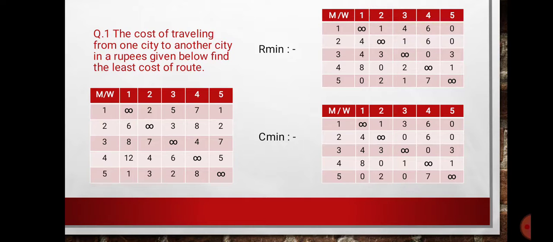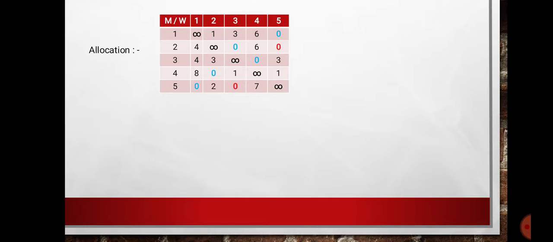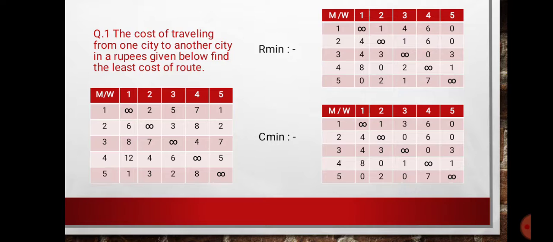Now we calculate the allocation by using the C minimum table. I will calculate the allocations here. First see, the same rules: when 2 zeros are available in a row, leave it and go to the second row. Where only 1 zero is available, select it, check the available zeros in its row and column, and delete them.